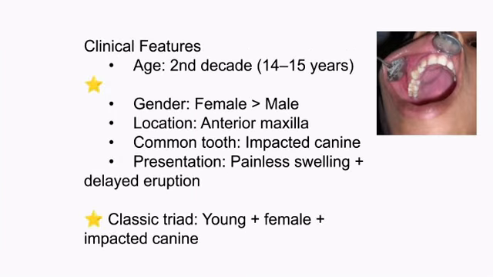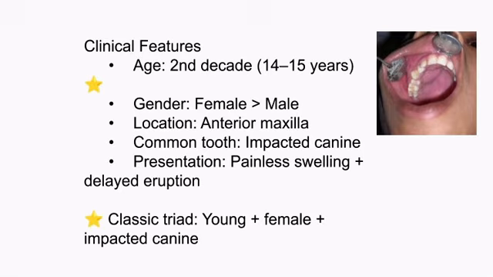Now, looking at the clinical features, you have to remember always that AOT usually presents in the second decade of life, commonly around 14 to 15 years of age. And if we look at which gender it is dominantly found in, it is female more than male. The most common location is the anterior maxilla, especially around an impacted canine.